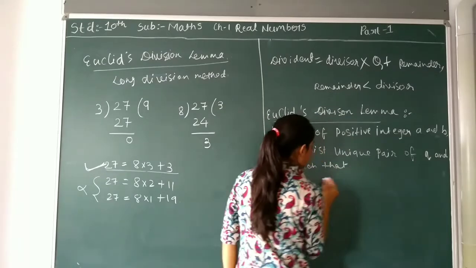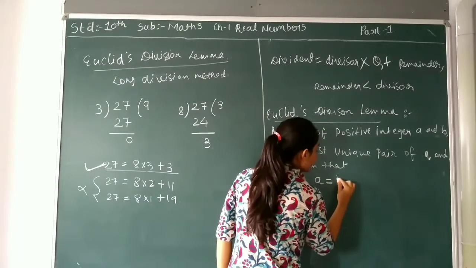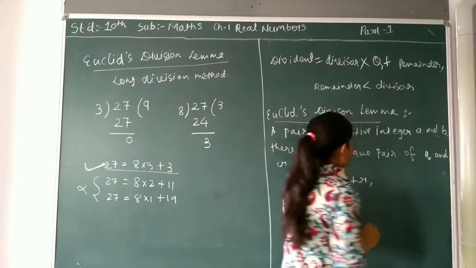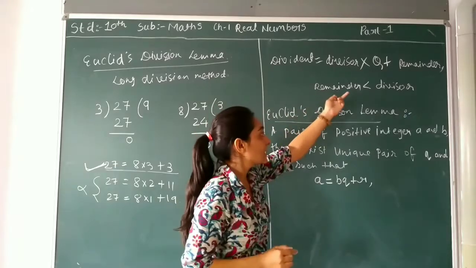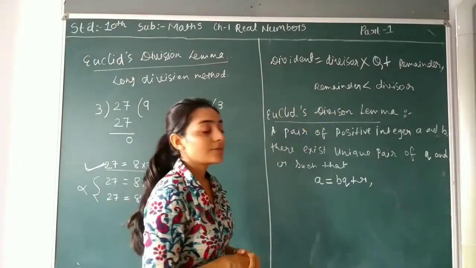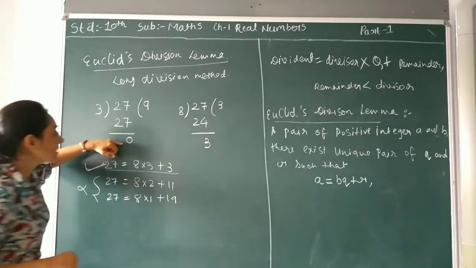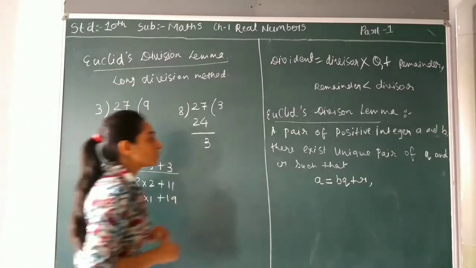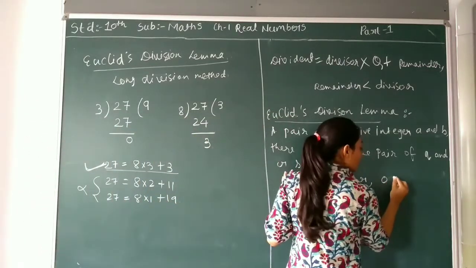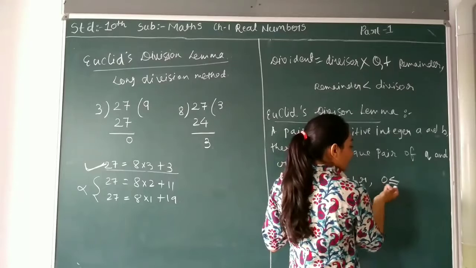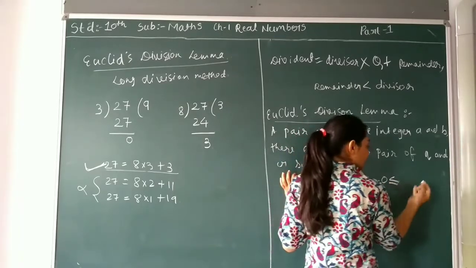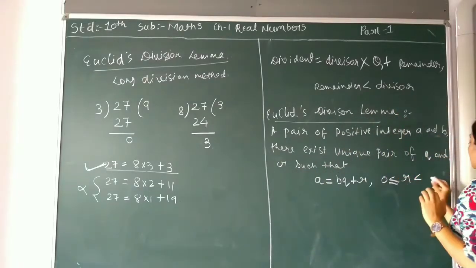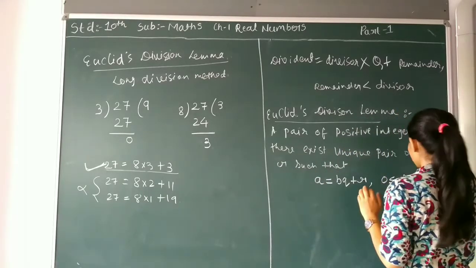such that a equals b into q plus r, where r is less than the divisor. And here we have seen that my remainder becomes 0. So r can be equal to 0 or greater than 0, but it's always less than the divisor.